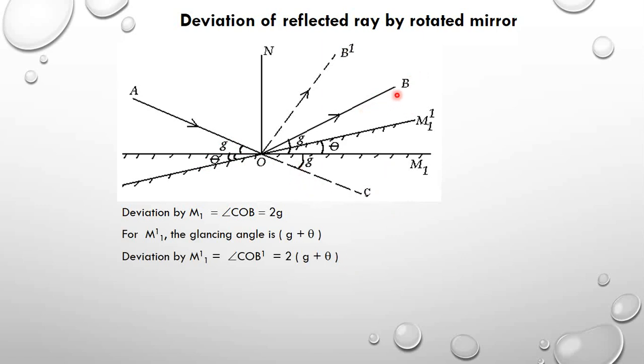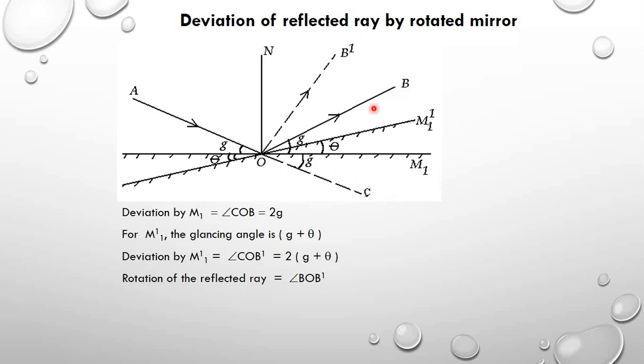Now the reflected ray will have rotated through an angle BOB prime. So remember, it was here and now it is here, so it means that it would have rotated through the angle BOB prime. Now if we want to get that angle BOB prime, we shall get COB prime minus COB.